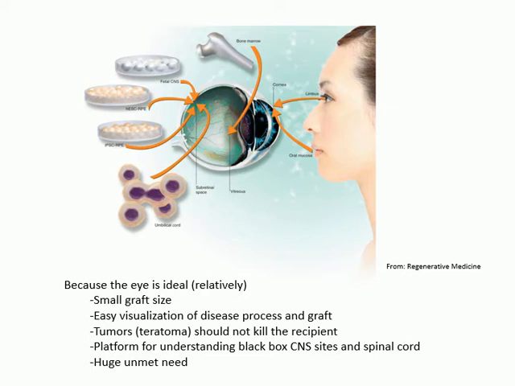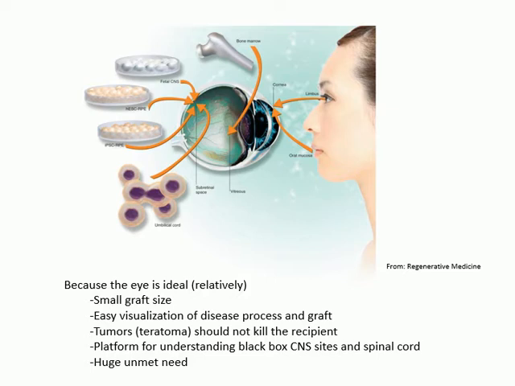There's very easy visualization of the disease process with all of the wonderful imaging tools that have come through ophthalmology, and of the graft itself, so that if a teratoma should result from a pluripotent stem cell therapy, its removal, even with enucleation, should not kill the patient.